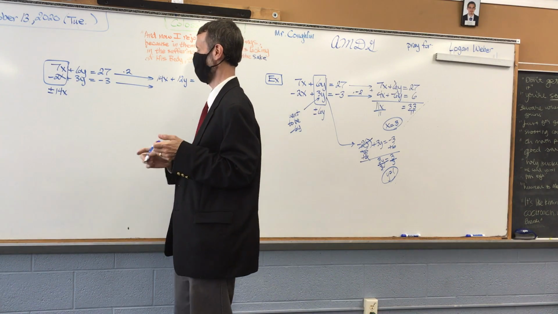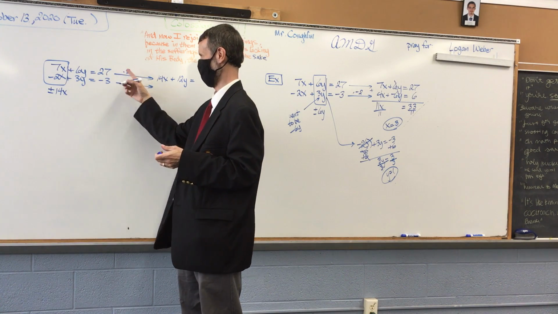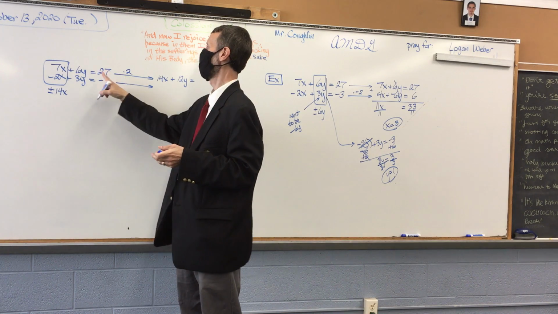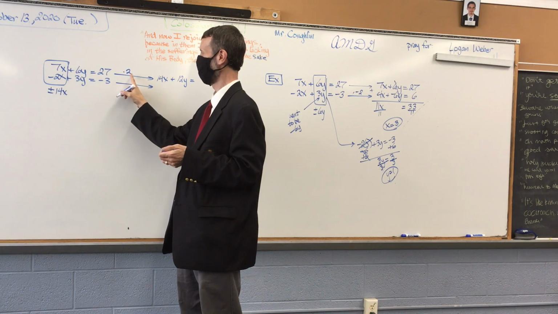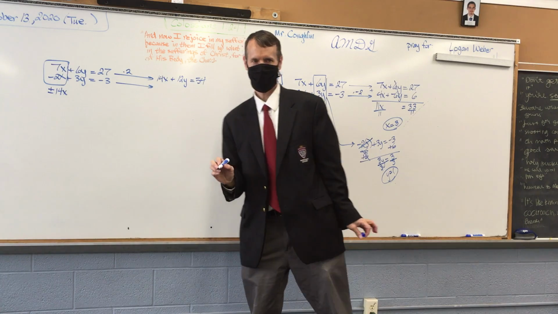And then 27 times 2 is, I do 20 times 2 and then 7 times 2. What's 20 times 2? 40. And then 7 times 2? 14. Put them together. 54. Yeah.